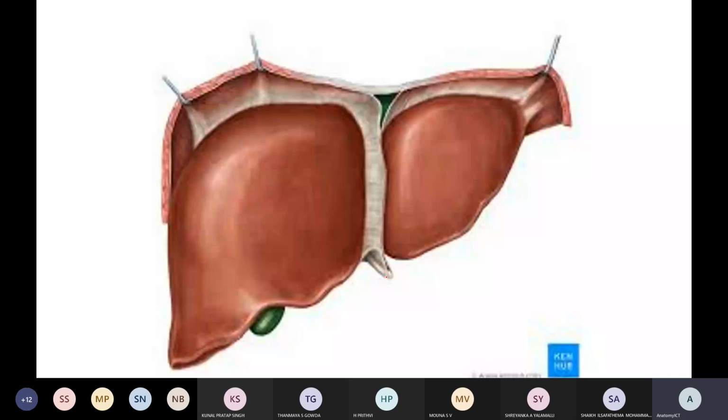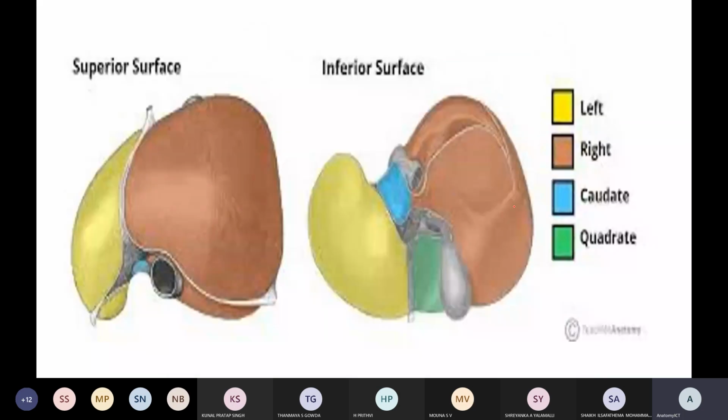This demarcated area divides the liver, with the inferior part below and the superior part above. All these parts have indirect relations with separate organs, but there is a fossa for the gallbladder, which lies directly within the liver.